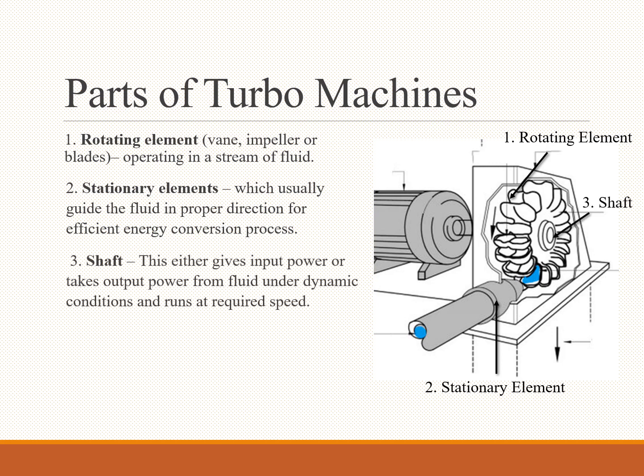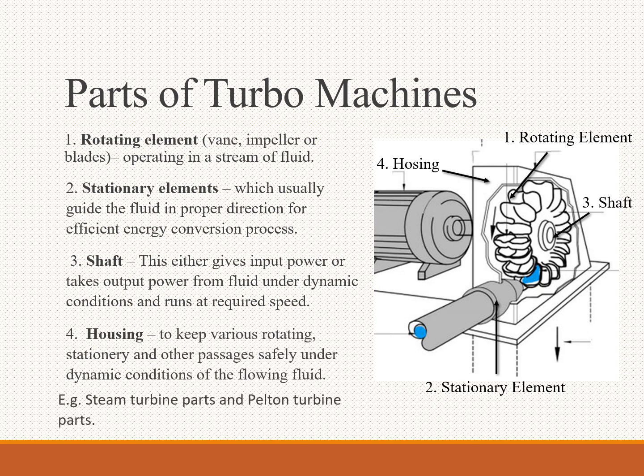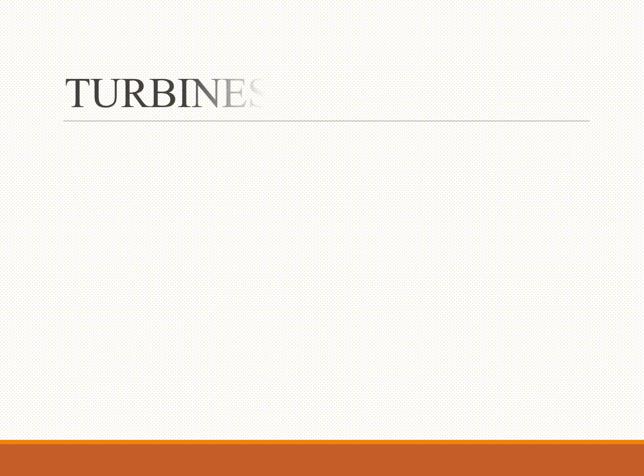This either gives input power or takes output power from the fluid under dynamic condition and runs at the required speed. And the fourth one is a housing to keep the various rotating, stationary and other passages safe under the dynamic condition of the flowing fluid. For example, you can see this type of arrangement in steam turbine parts and Pelton turbine parts.